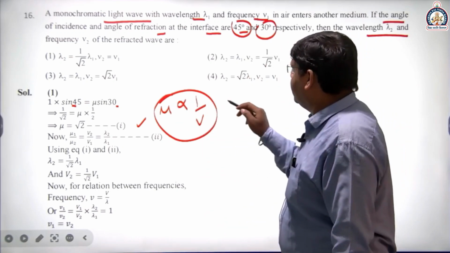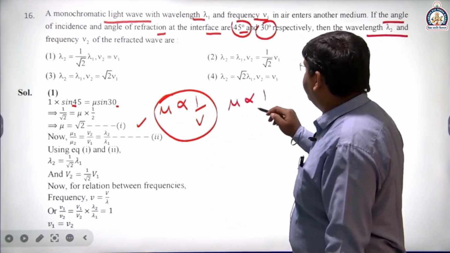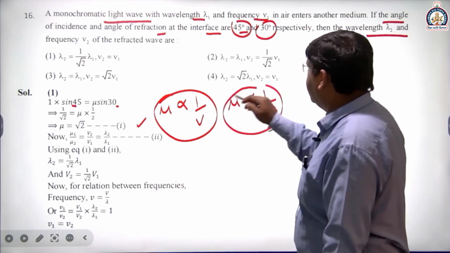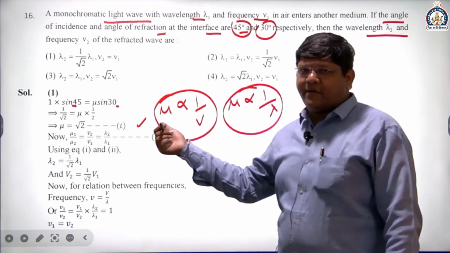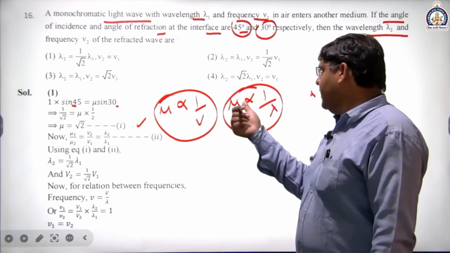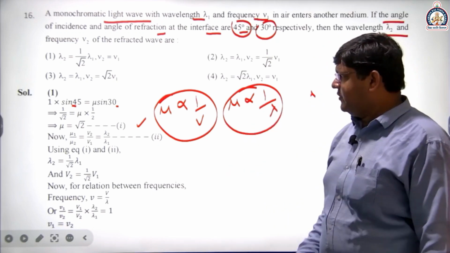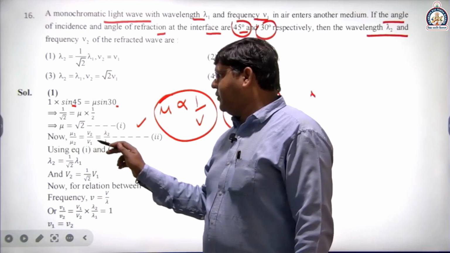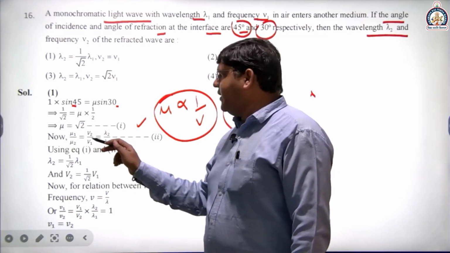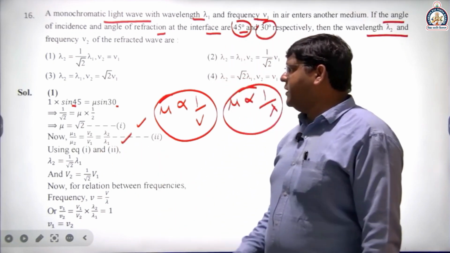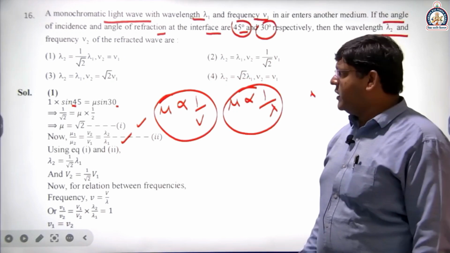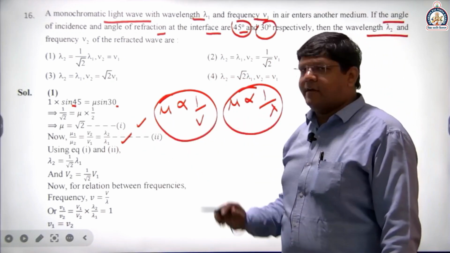Also, according to the Cauchy relation, mu and lambda are inverse. This is the relation between refractive index and velocity, and this is the relation between refractive index and wavelength according to the Cauchy relation. So we can write mu 1 upon mu 2 is equal to V2 upon V1 is equal to lambda 2 upon lambda 1.